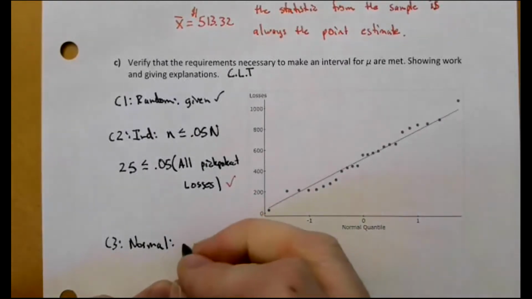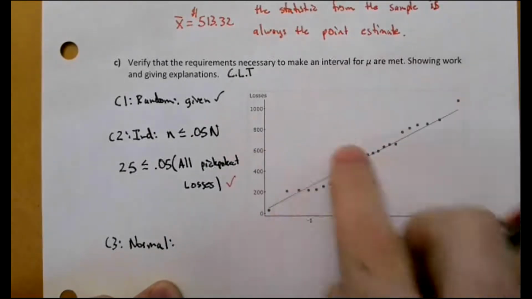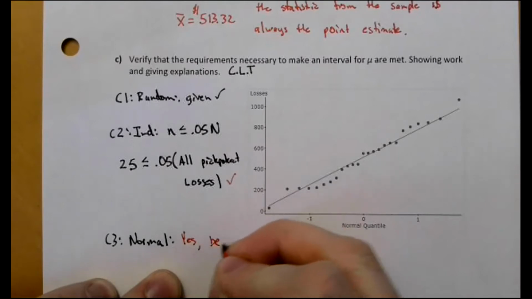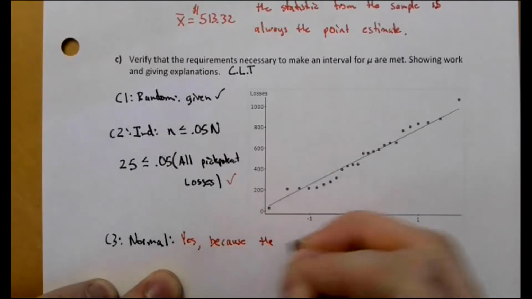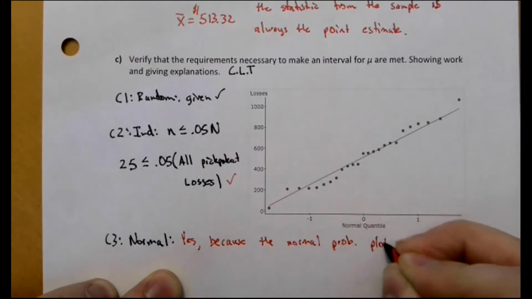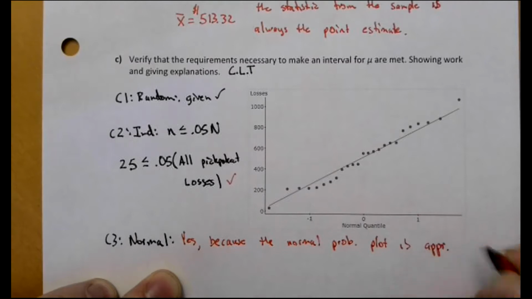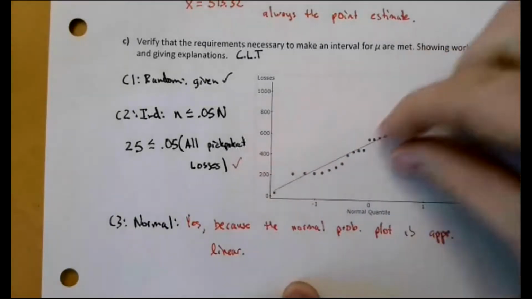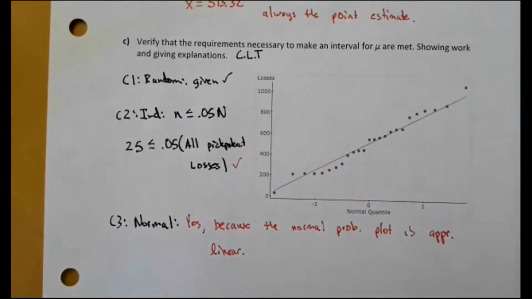If you recall from exam 2, because this is here, we would say yes, because the normal probability plot is approximately linear. That means all of these points are pretty closely clustered around that line. The R value here, the correlation coefficient, is probably like a 0.9 something.